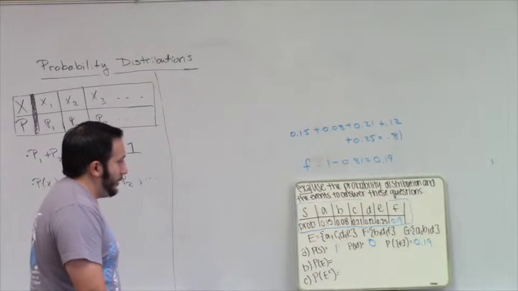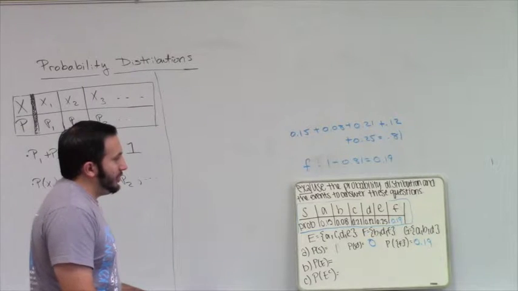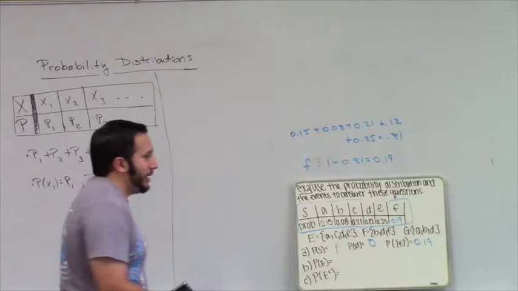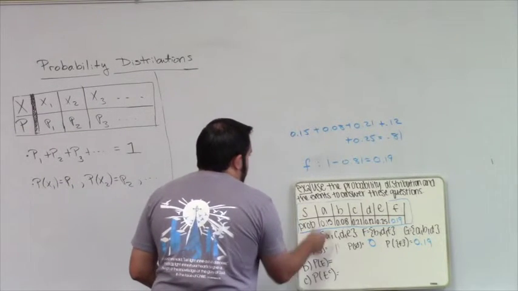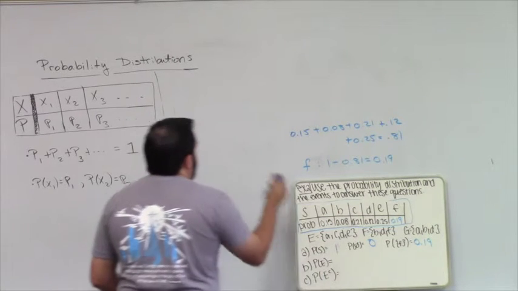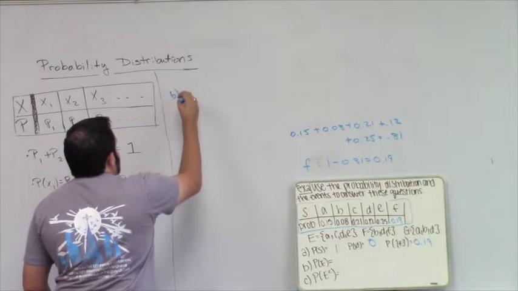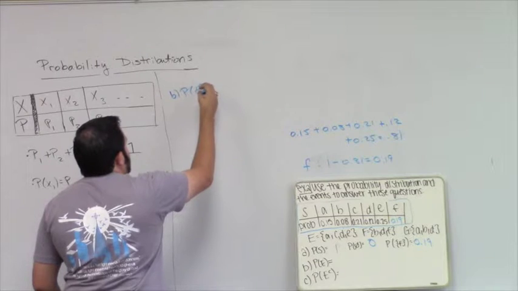Part B. What is the probability of E, of the set E, not lowercase e? What's the probability of the set E?